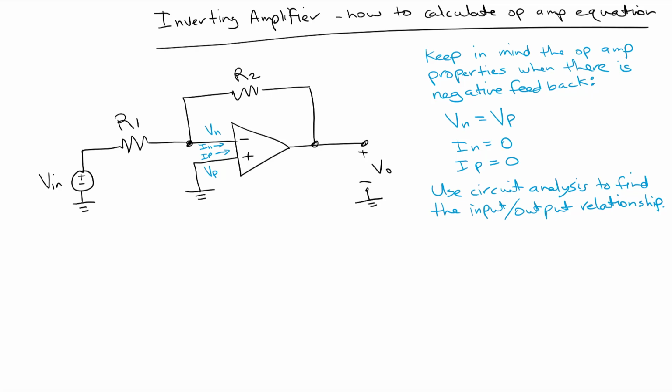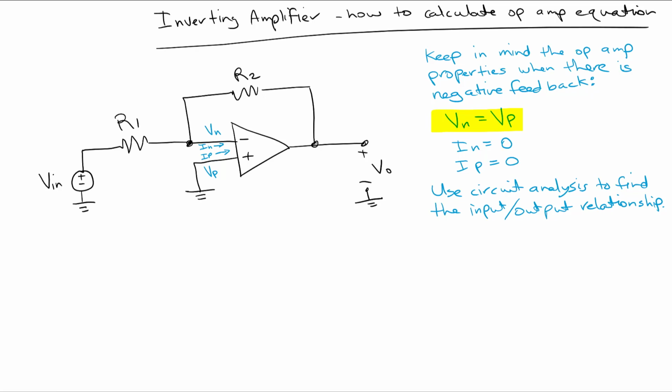So then, when we have this situation of negative feedback, we have certain properties that the circuit obeys, and that is that Vn is equal to Vp. And that's known as a virtual short circuit.